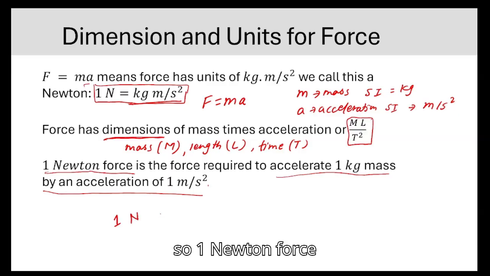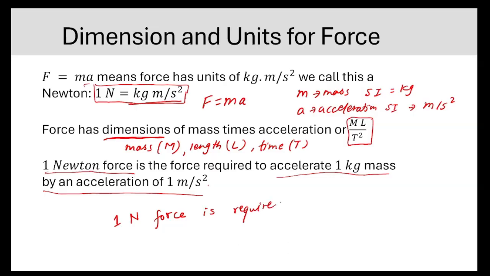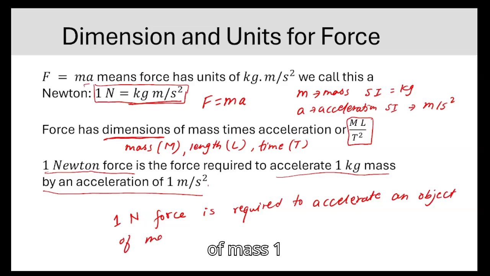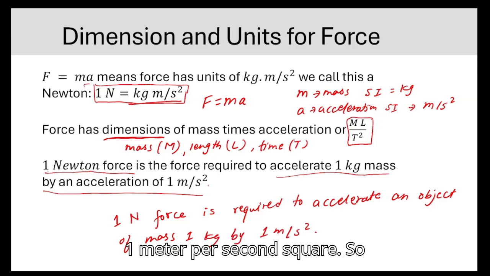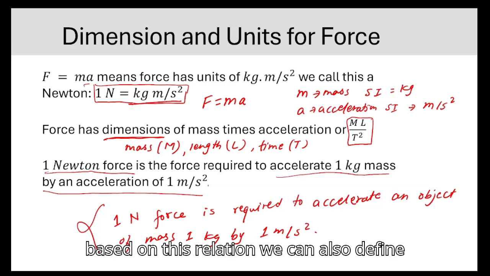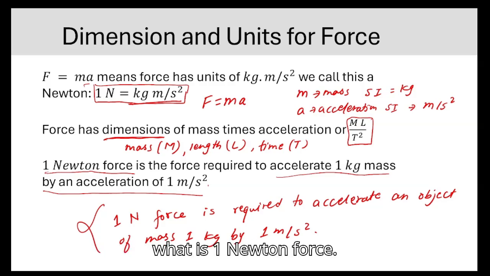So 1 Newton force is required to accelerate an object of mass 1 kilogram by 1 meter per second square. So based on this relation we can also define what 1 Newton force is.